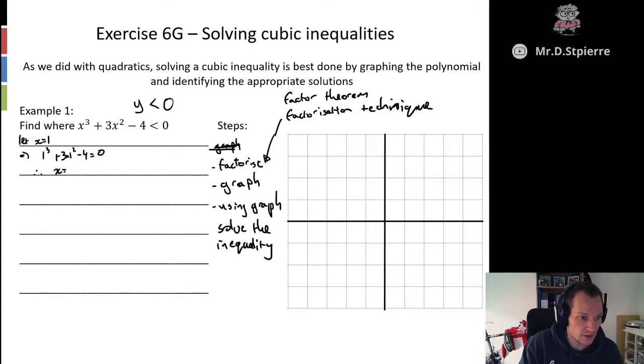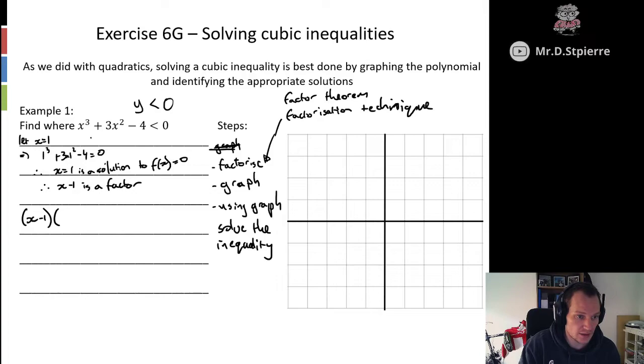Therefore, x equals 1 is a solution, so we get x minus 1 is a factor. I'll actually write this above: x cubed plus 3x squared minus 4 is the same as x minus 1 times a factor.